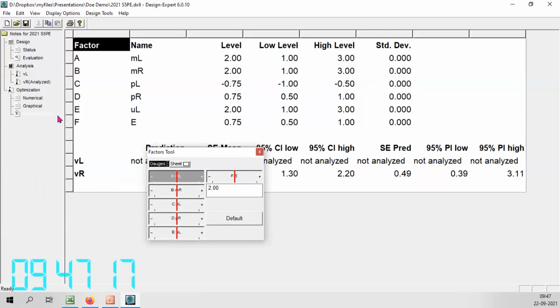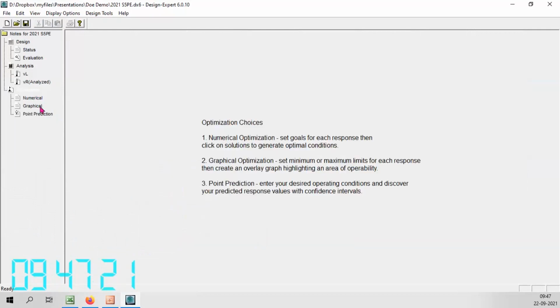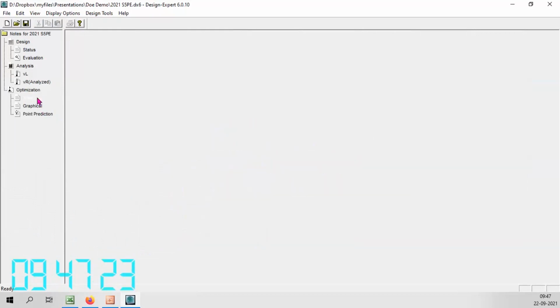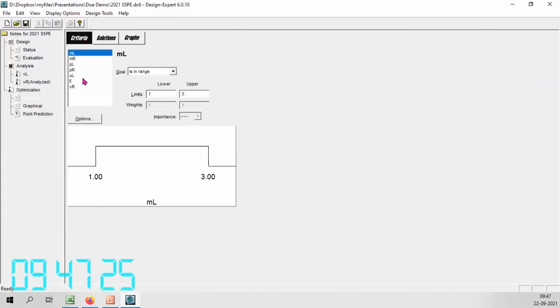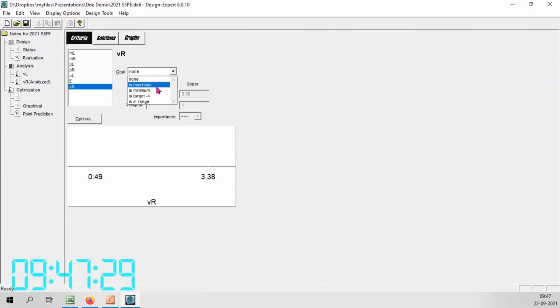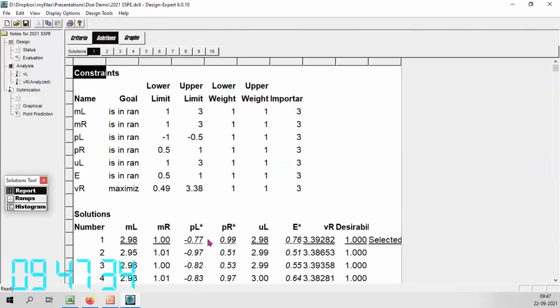Okay, optimum. Which will give highest velocity for optimization? Numerical. So I want the goal right velocity to be maximum. Okay, so solutions. So left ball 2.98, right ball mass 1, minus 0.77, 0.9.